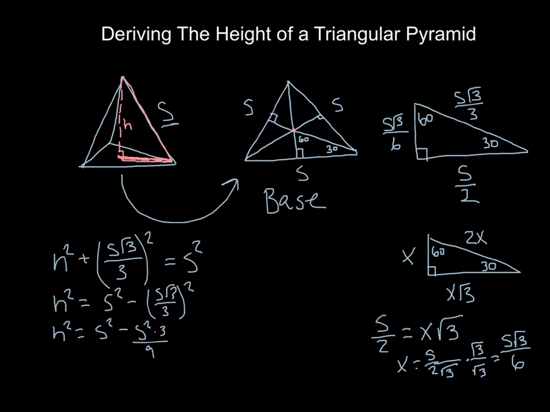And then what we can do is we can write that S squared as 9S squared over 9 and subtract, and what we end up getting down to is h squared equals 6S squared over 9. And now I'm going to shoot over here, get some more room. That's going to mean that h is the square root of 6 S over 3. And there's our equation for the height of a regular triangular pyramid that has a side S.